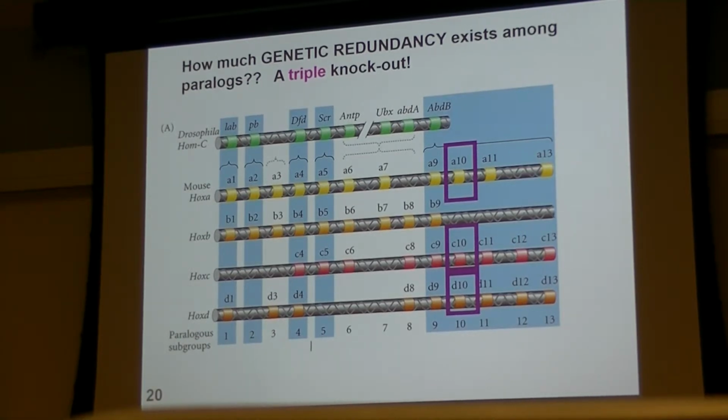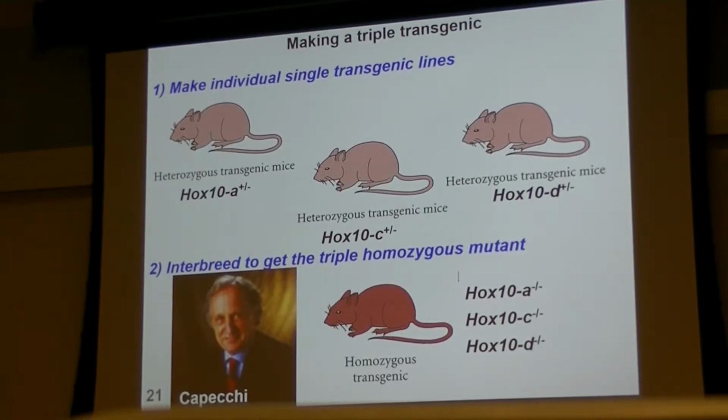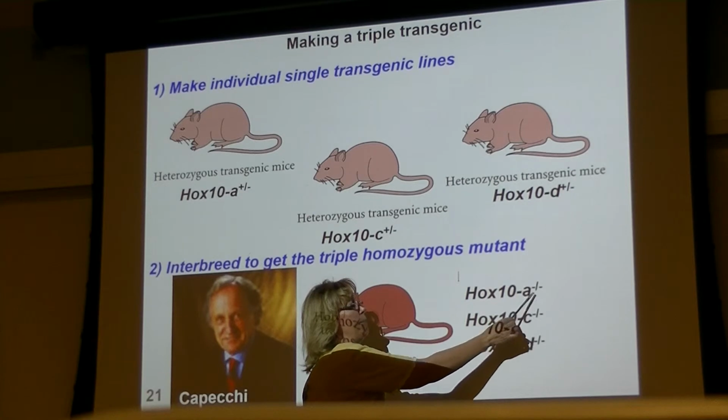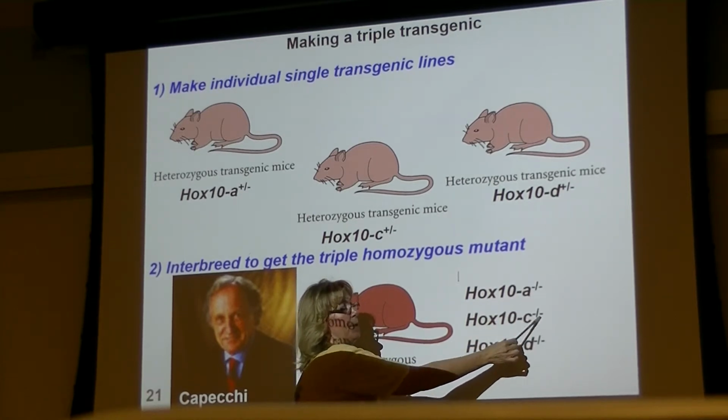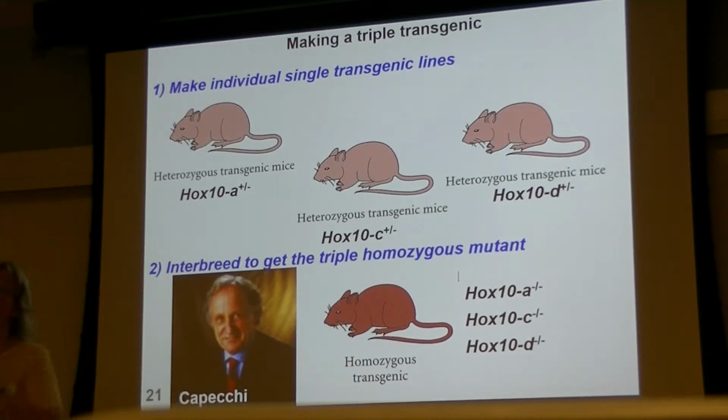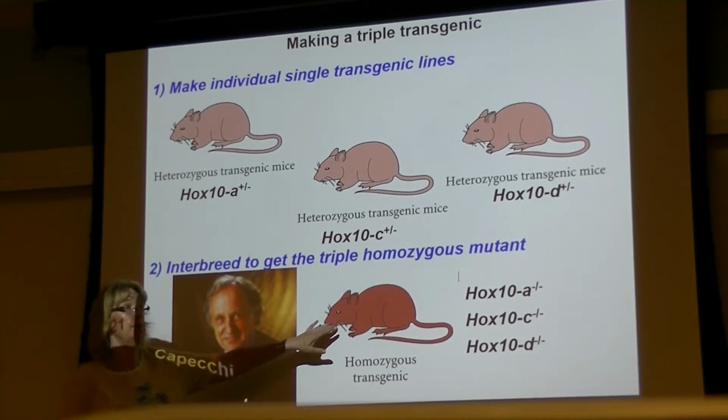So just conceptually, the way that you could create a mouse with this genotype, it'll be mutant for HOX10A, both copies, HOX10C, both copies, and HOX10D, both copies. This represents all of the paralogs. There is no HOX-B10. Then you can look at the phenotype of this mouse.